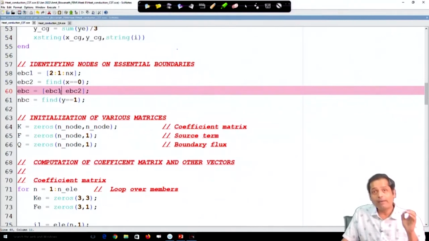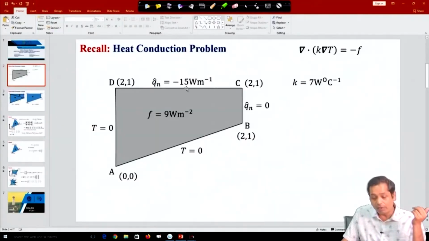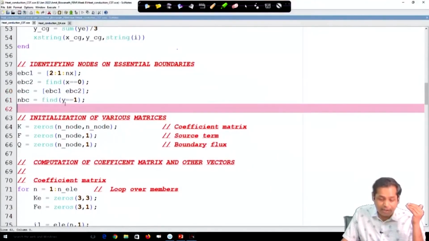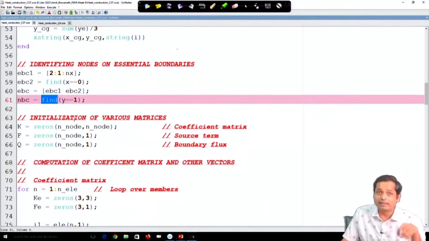So EBC is the set of nodes where essential boundary conditions are specified, and NBC is the natural boundary condition. For us the natural boundary condition is defined only on CD, and the CD line can be defined as the line where y is equal to 1, right? Because this coordinate is 1 and 1. So the natural boundary condition is defined using find, which is a command in Scilab; you have a similar command in MATLAB as well.